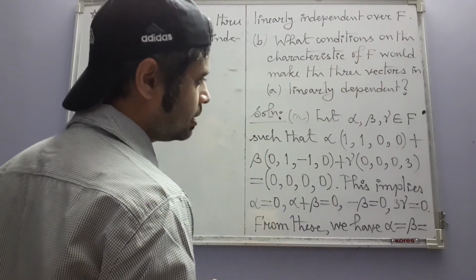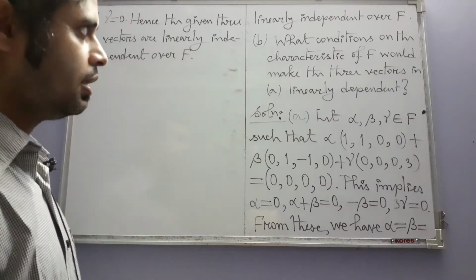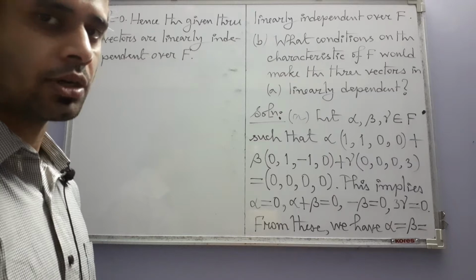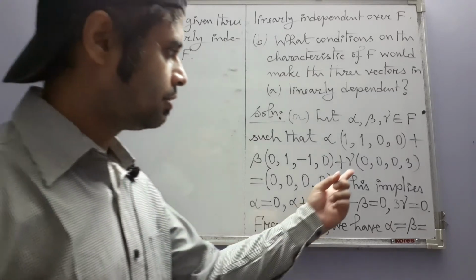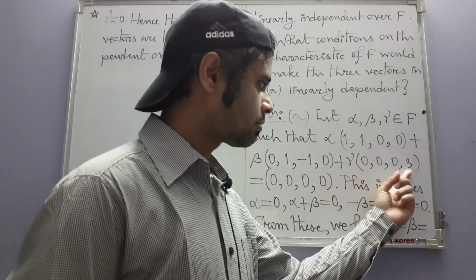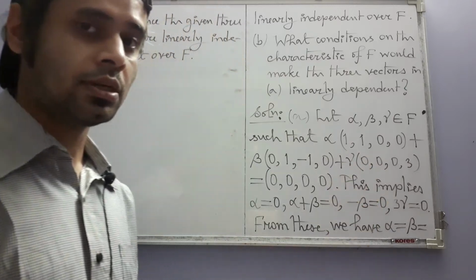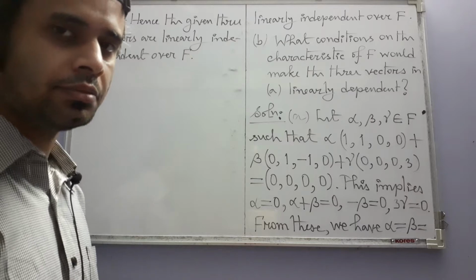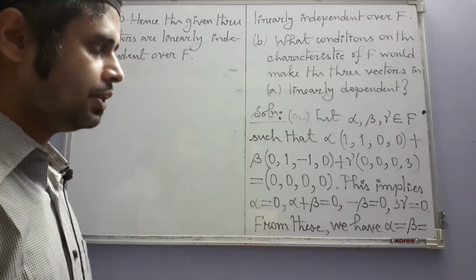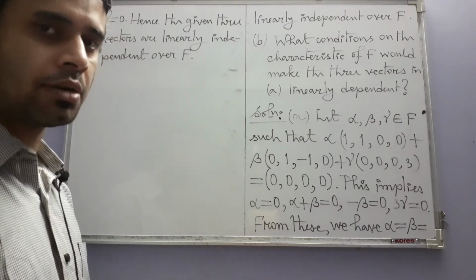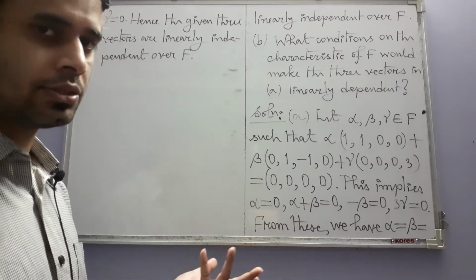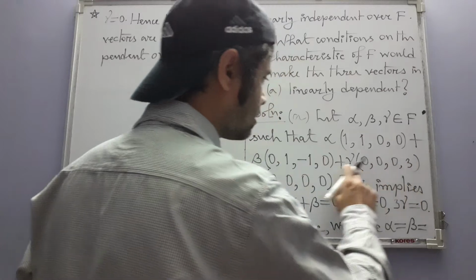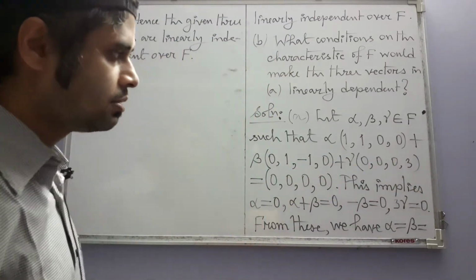So you can see that if the characteristic of F is 3, for example, then this third vector would become the 0 vector, because if F is a field of characteristic 3, then in that field 1 plus 1 plus 1 is 0, and that's just the definition of 3. So this would become 0, and hence the third vector would be 0.